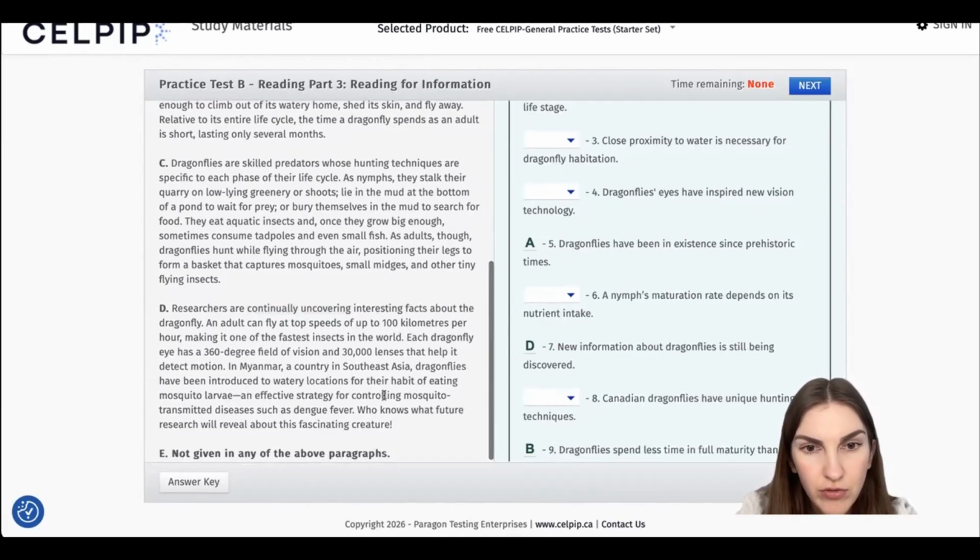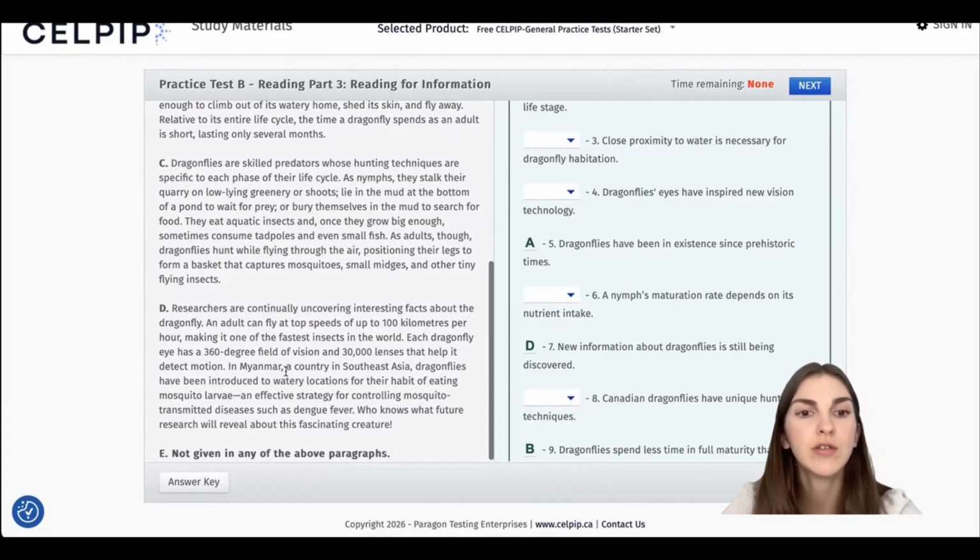Effective strategy for controlling mosquito-transmitted diseases such as dengue fever. Who knows what future research will reveal? So they are placed in these locations to eat these mosquitoes, a strategy to control these diseases.